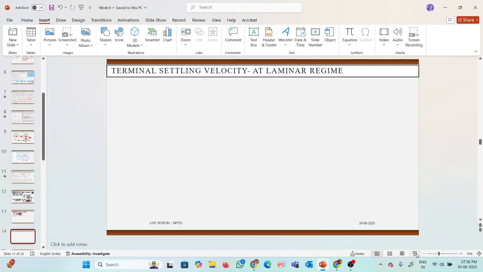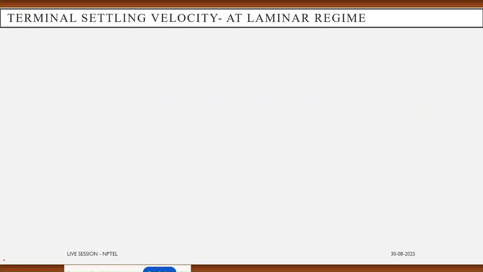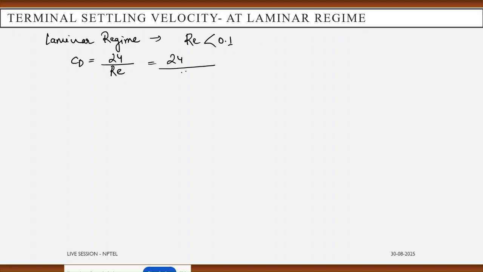Now we will move to what will be the case if it is in the laminar regime. For the laminar case, this Reynolds number is less than 0.1. Here CD equals 24 by Re, that is 24 by d rho u by mu.